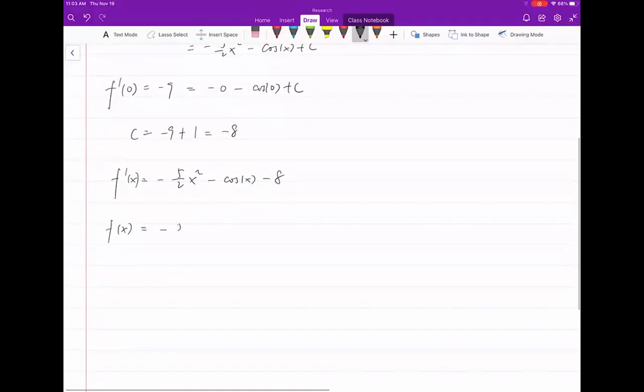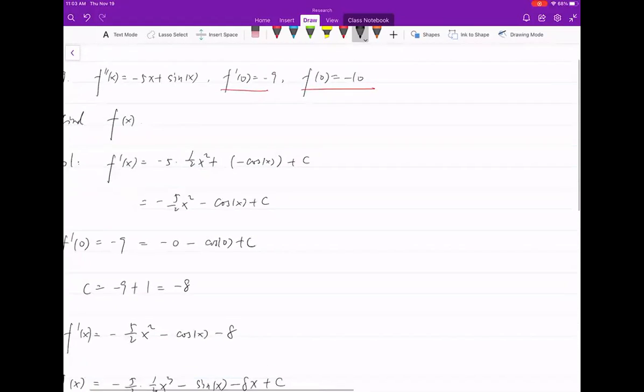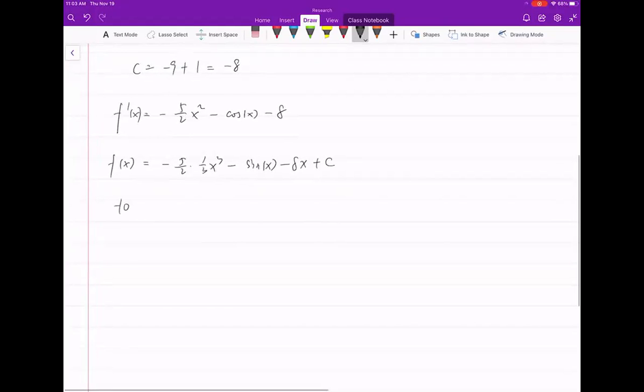Now for f of x, it's the same thing. Plus a c. Again, in order to figure out c, this time you want to use this condition here. You plug in 0, you should have -10. This implies c equals -10.